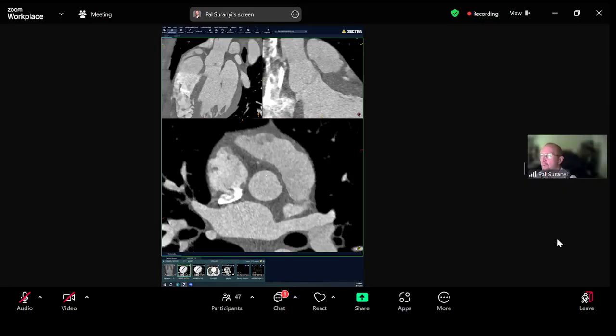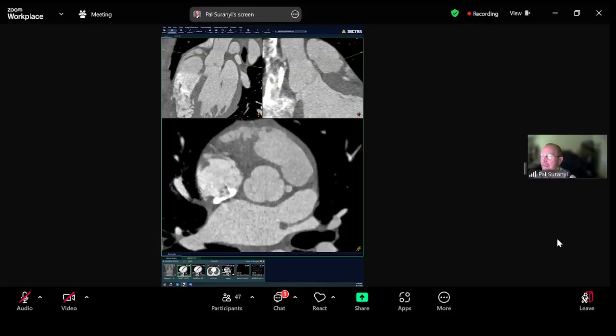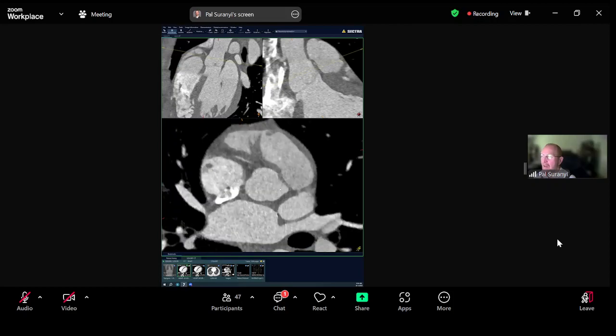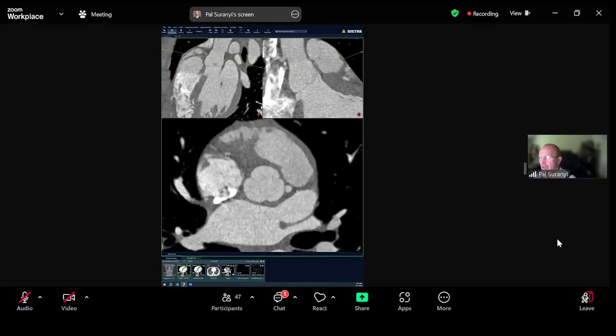Nonetheless, as we scroll through, I'm sure most of you already noticed that there is something very abnormal here: we see no coronary artery arising from the right coronary sinus. We see a normal-appearing left main arising from the left coronary sinus.